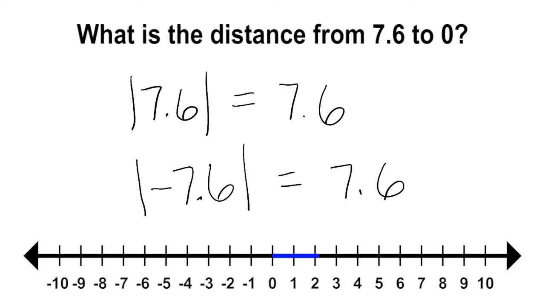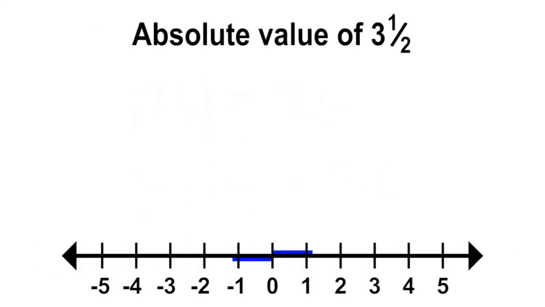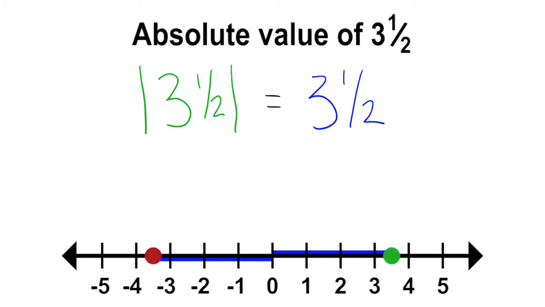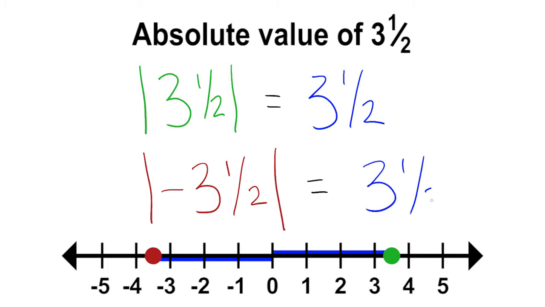Both 7.6 and -7.6 are exactly 7.6 units from 0, but they are on opposite sides of 0. For each absolute value, there are two numbers that are the exact distance from 0. An absolute value of 3 1/2 could refer to 3 1/2 or -3 1/2.